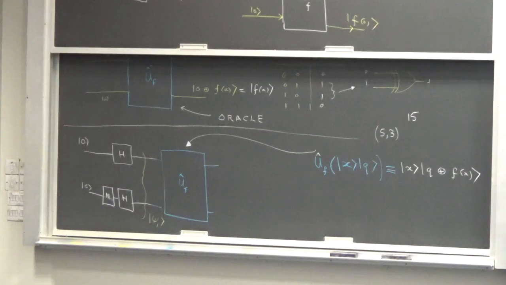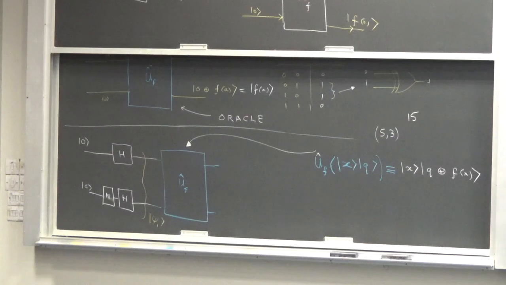So what this does is 1/2, put a big bracket. Nothing happens to the first qubit, and I take the exclusive OR of the second qubit with the action of f on the first qubit. So 0 plus exclusive OR of 0, right? This is what the unitary operator does. This is what the oracle does.